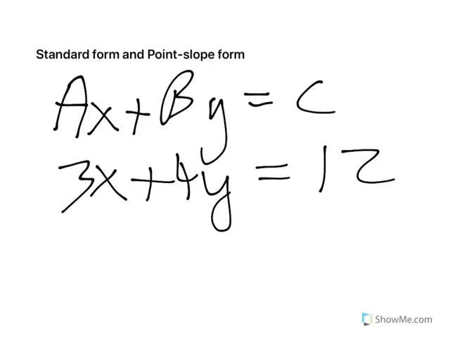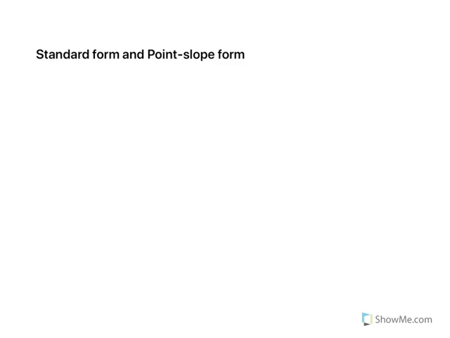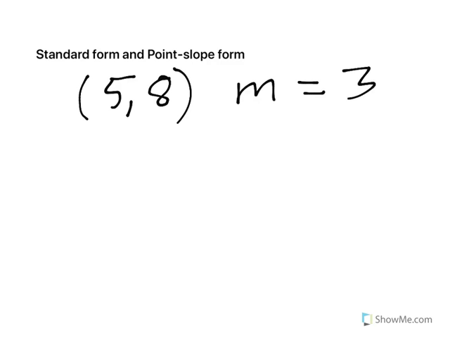The point-slope form. If you're given a point, say this line goes through the point (5, 8), and it has a slope of 3, can you graph it?